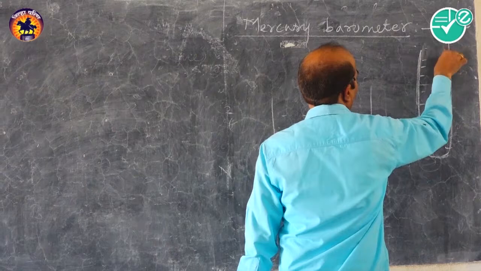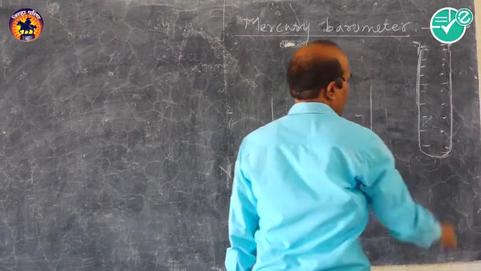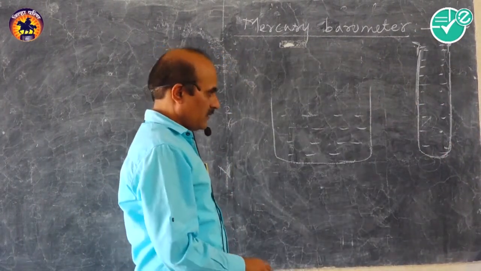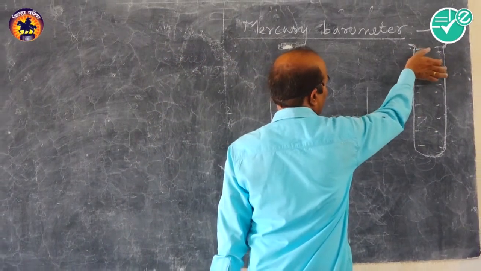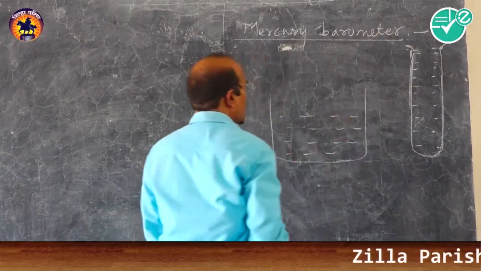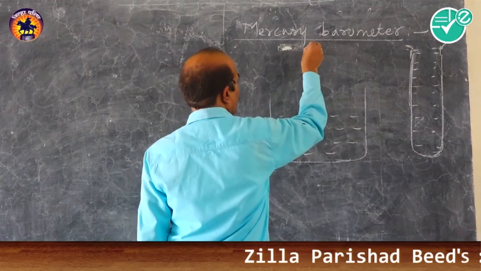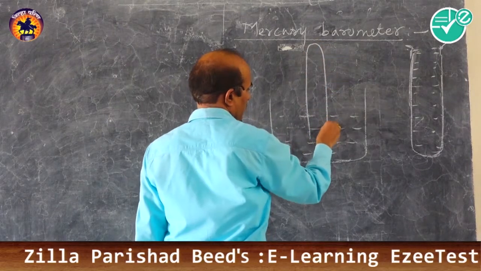To avoid air in it, we put a thumb over the end, and it is now inverted, so it becomes a mercury barometer like this.